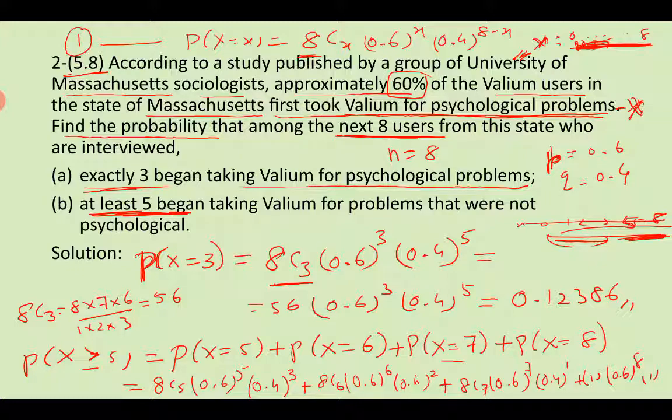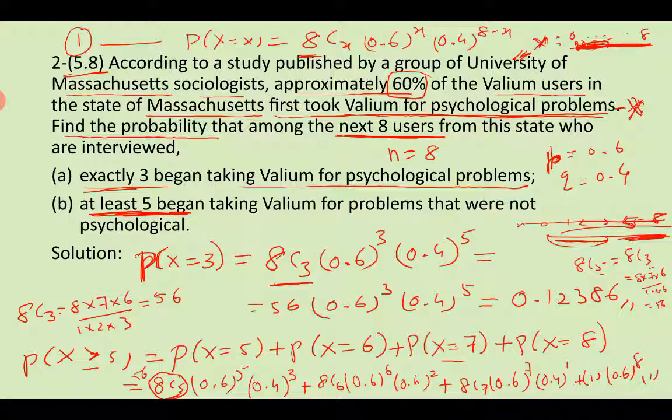Use calculator. And 8C5, you should know what is 8C5. 8C5 is equal to 8C3, because 5 plus 3 is 8. Calculate 8C3: 8 into 7 into 6 divided by 1 into 2 into 3, that is 56. So this is 56.